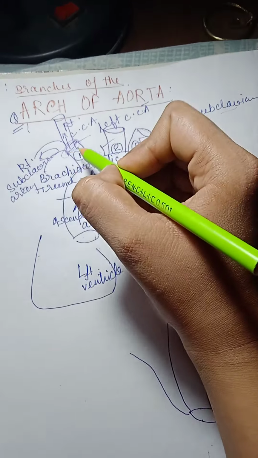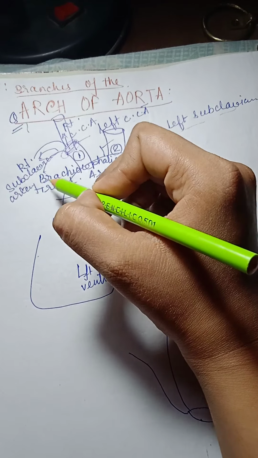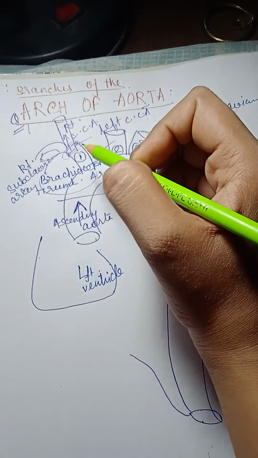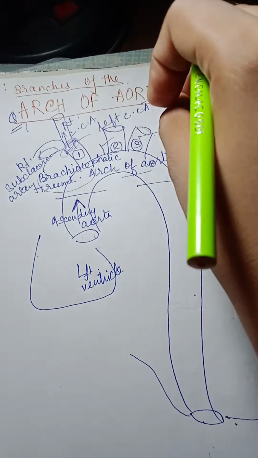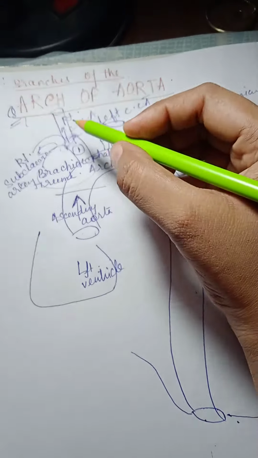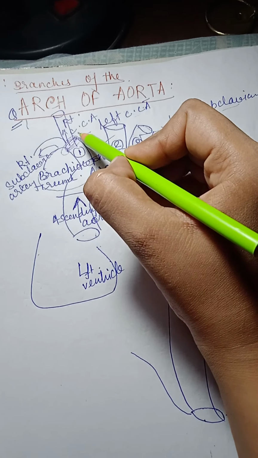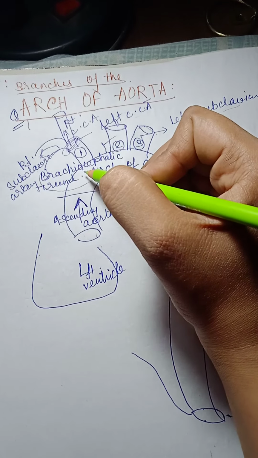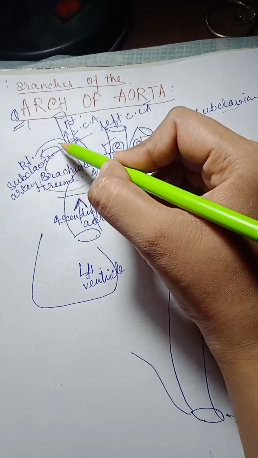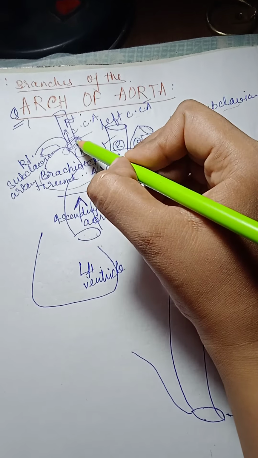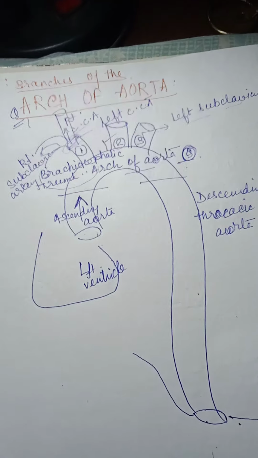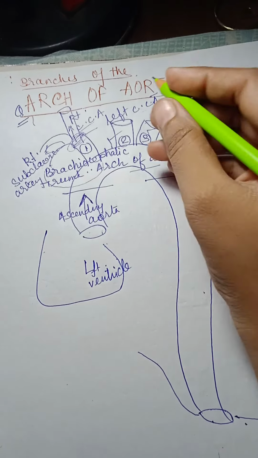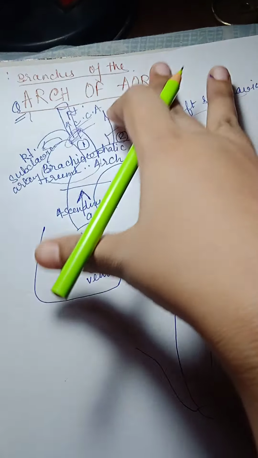So these are two branches arising out from the brachiocephalic trunk. I know the diagram has become a little bit clumsy, but so are the branches of the artery. So you have to see, the right subclavian artery is a branch of the brachiocephalic trunk, and the right common carotid artery is also a branch of the brachiocephalic trunk. Now the questions will be arising from this part only.